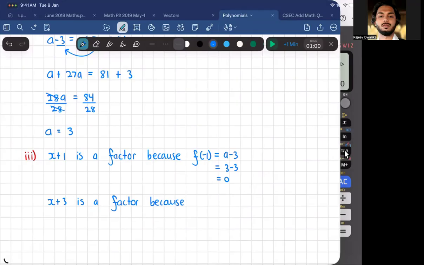Yeah, because f of negative 3 is equal to negative 27a plus 81, which is equal to negative 81 plus 81, which is 0.